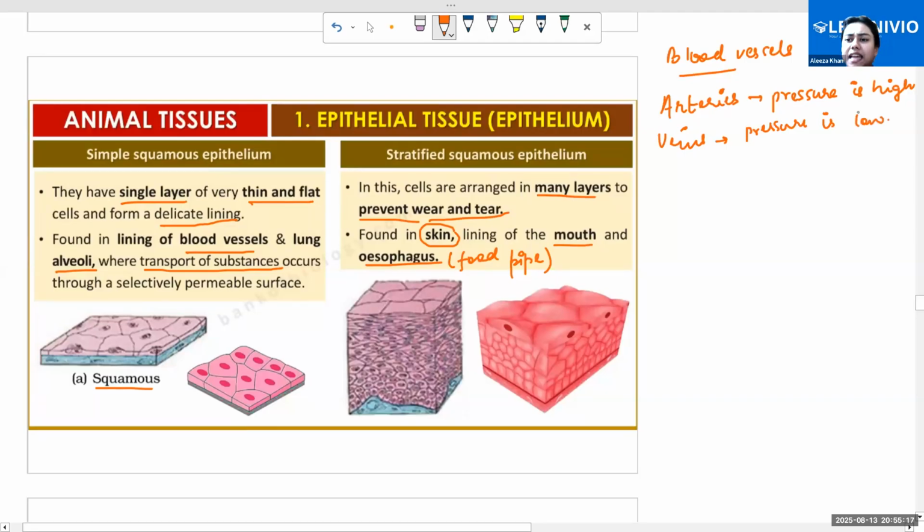Okay, is there any exception also in carrying the oxygenated and deoxygenated blood? Is there any exception between artery and vein?